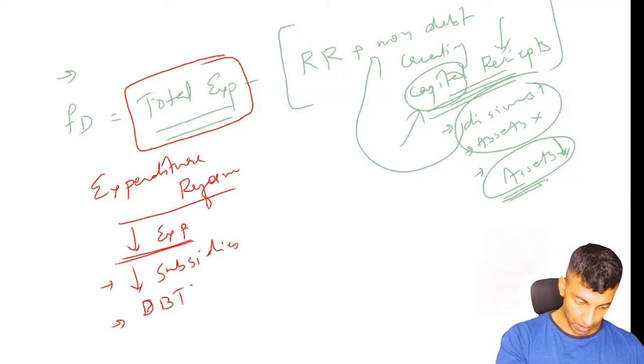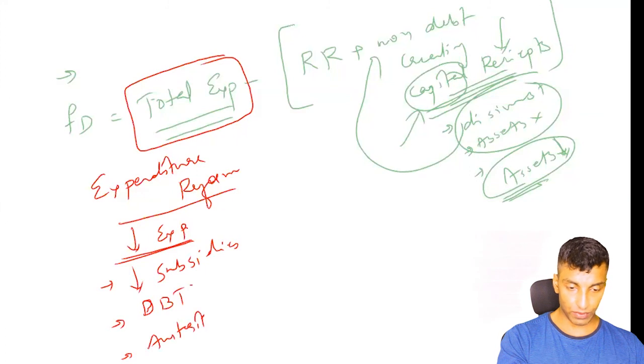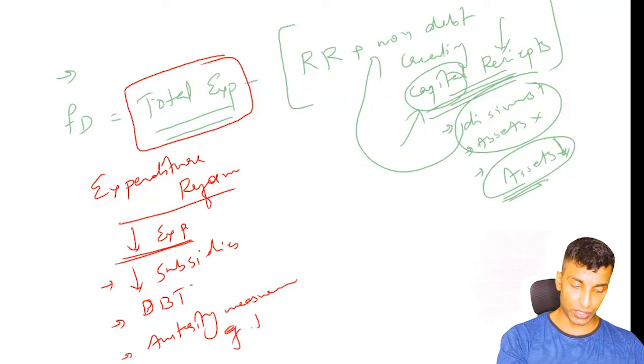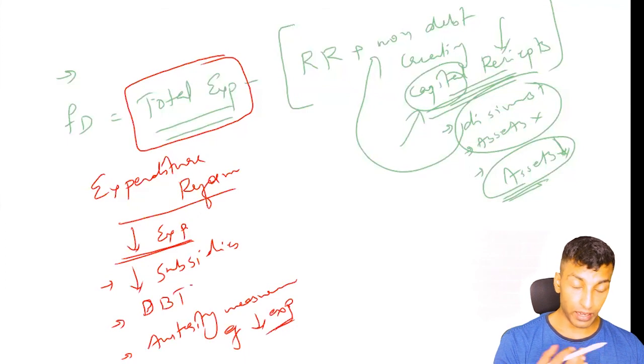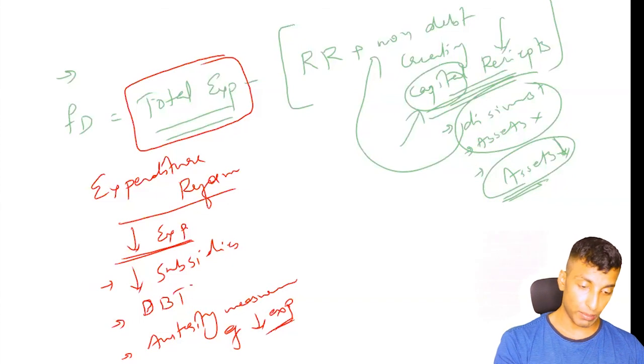Then various austerity measures. Austerity measures means again reducing the expenditure, like when officials are traveling, instead of first class air travel, you can go for economy travel. Five-star meetings can be normal meetings, etc.